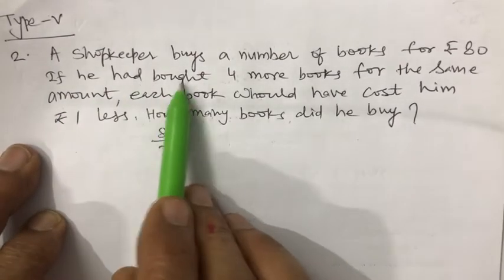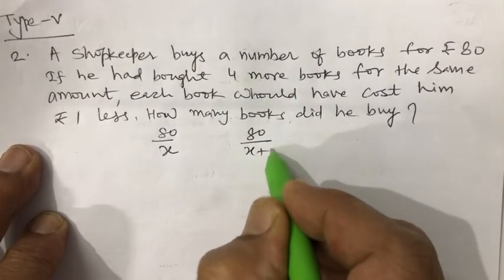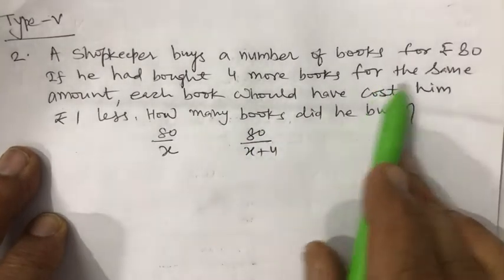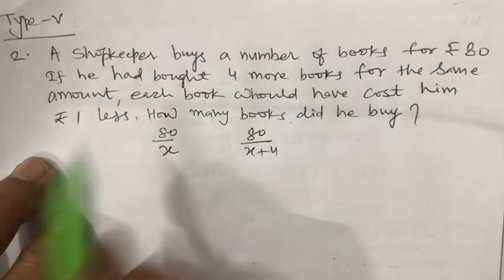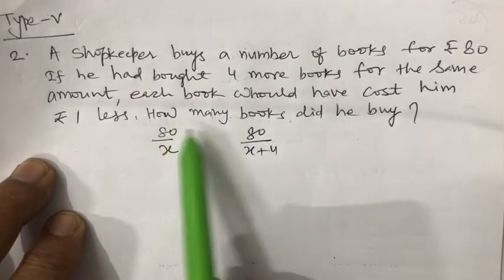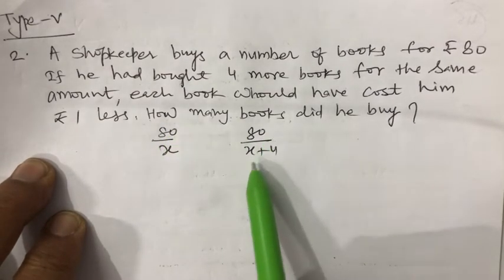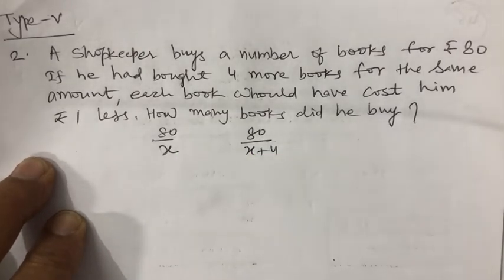If he had bought 4 more books, it means 80 divided by 4 more books, for the same amount, each book would have cost him rupees 1 less. So here the cost of each book is 80 by x, and in the second case 80 upon x plus 4. See, the same type of question we have completed just now.